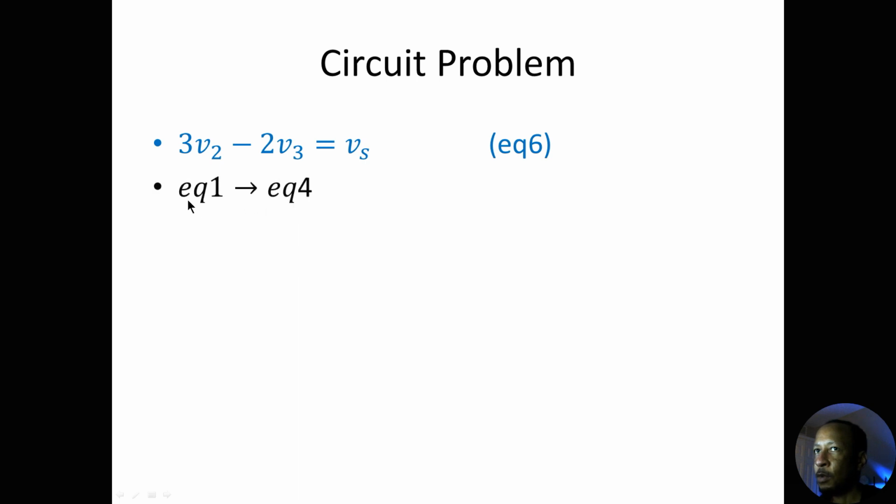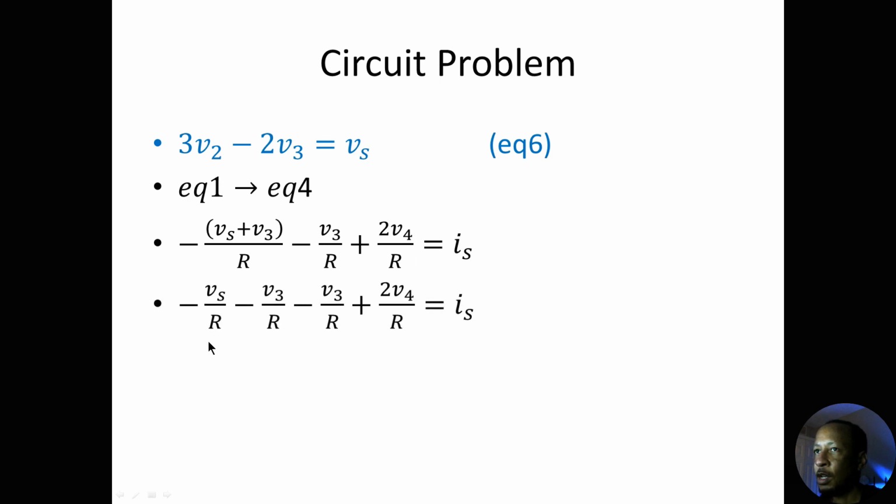And so next we're going to put equation 1 into equation 4. And we have negative Vs plus V3 divided by R minus V3 divided by R plus 2 V4 divided by R equals Is. And then next we decompose that and we have negative Vs over R minus V3 over R minus V3 over R plus 2 V4 divided by R equals Is.